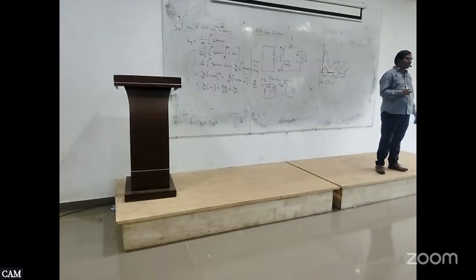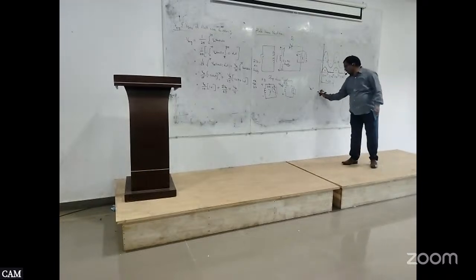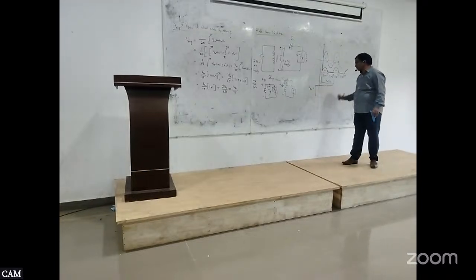Root mean square. So root of 1 by 2 pi integral 0 to 2 pi Vm square sin square omega t d omega t.